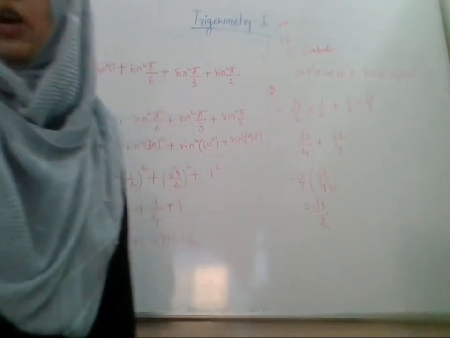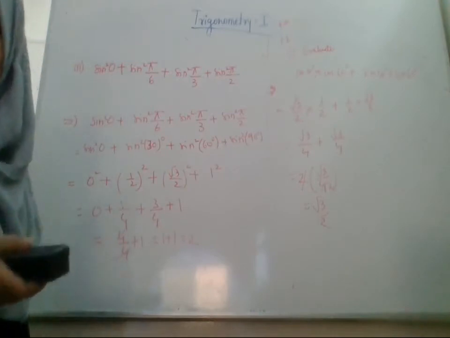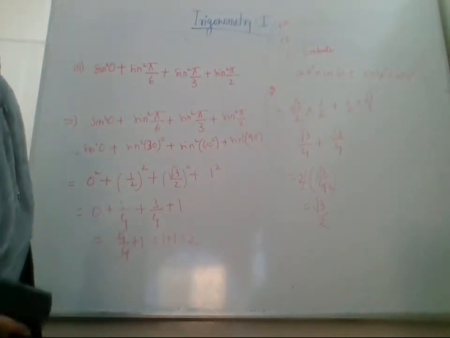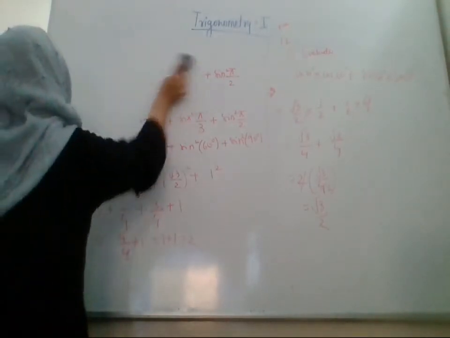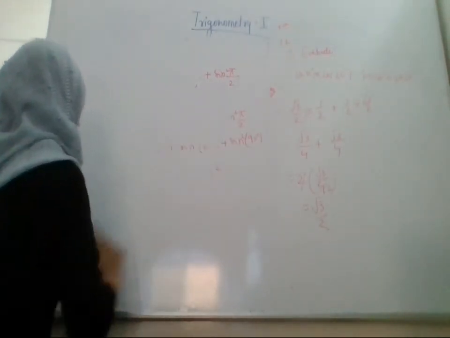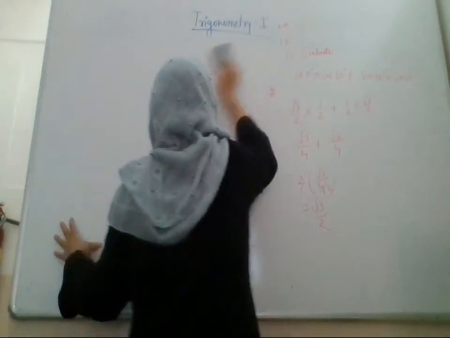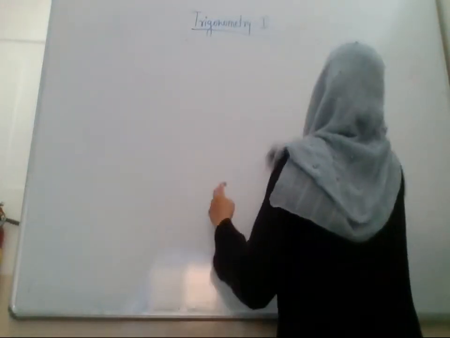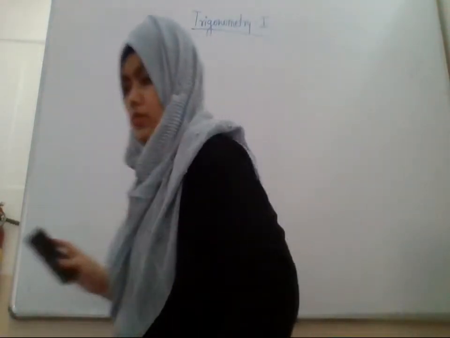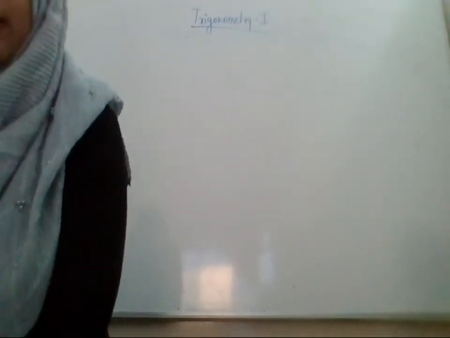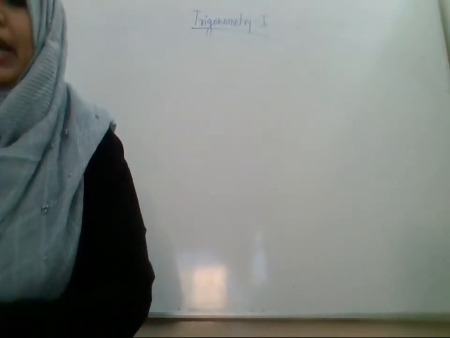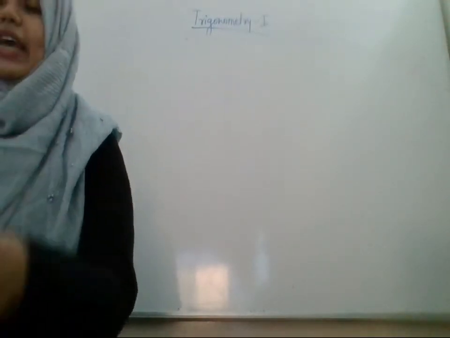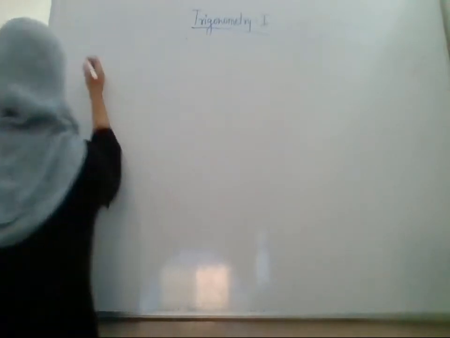So next we will solve problem number 3, page number 20. The question is, find all trigonometric ratios or functions of the angle made by OP with the x-axis. So I am writing the question here.